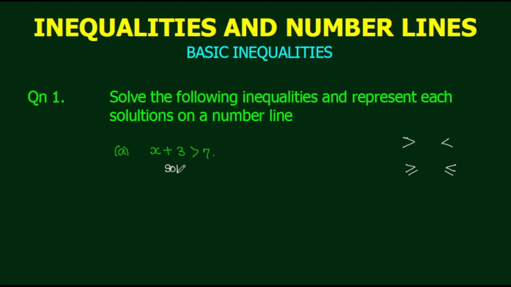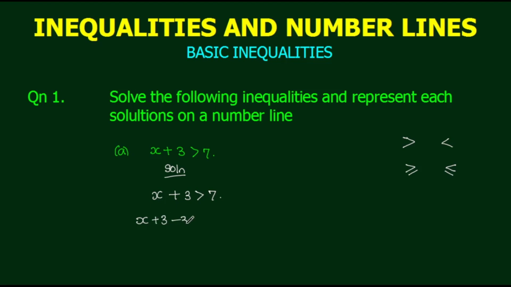So in the first place, we can recopy our question down here where we have x plus 3 is greater than 7. Now we can collect like terms by taking positive 3 to the right hand side. Since it is positive, we can subtract 3 from both sides.